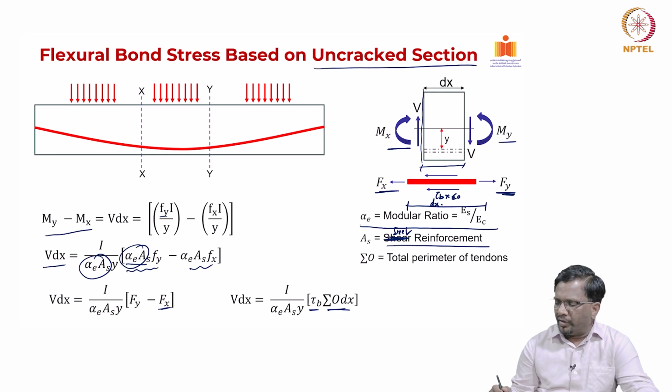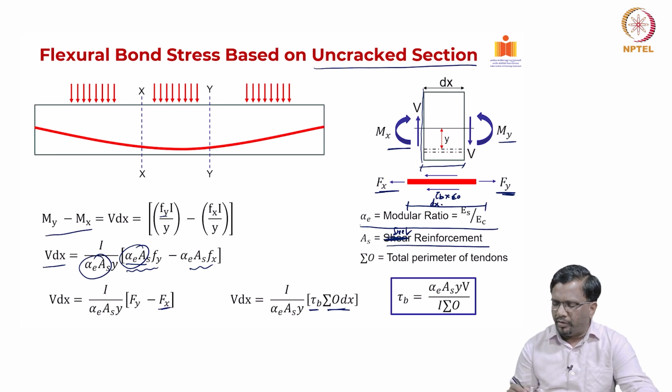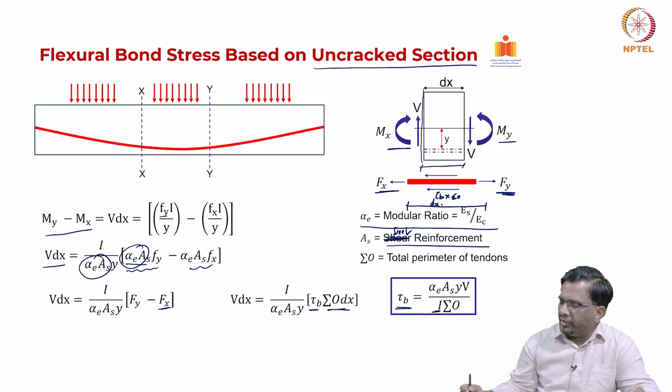Otherwise we can say the average bond stress can be expressed as alpha E into As into y into V divided by IO. Now, dx will get cancelled on both sides. So, we can write the flexural bond stress as a function of shear that is acting in that particular cross section, and flexural moment of inertia is known.